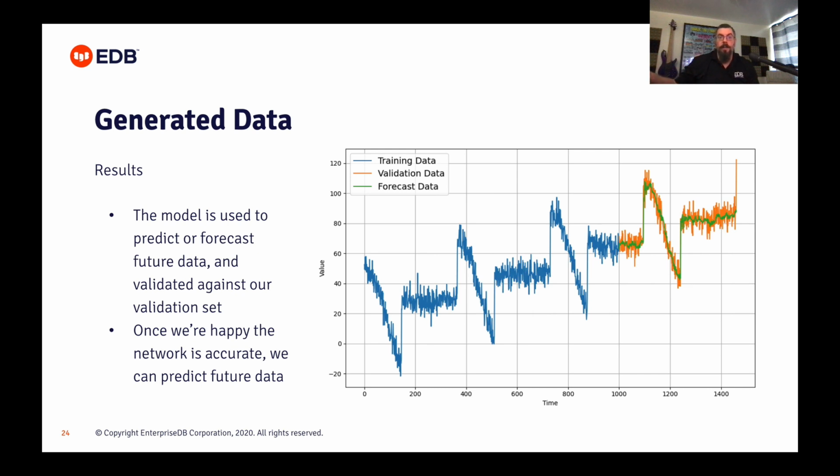Now, obviously, we could forecast out further than this, but the point of what I'm trying to do here is indicate how well the model actually performed. And as you can see, the green forecast data pretty well mirrors the validation data, i.e. what actually occurred. We've got the upward trend, we've got the seasonality, and we've got a small amount of noise, but for the most part, the noise is ignored. Having proven that this works, we can then take that further and use it to predict actual unknown data.